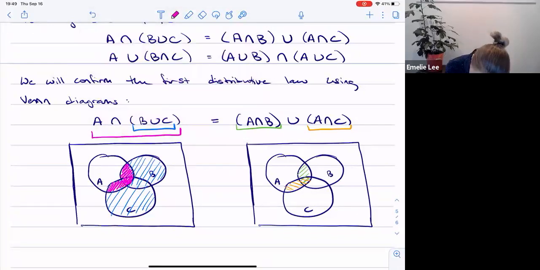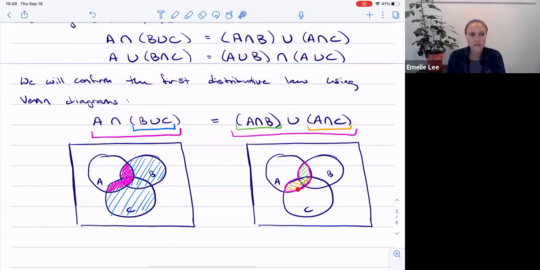So instead of coloring it over, because then it'll just go over all the colors I just put there, I'll just put pink around it. But in theory, we could just shade this all in pink because that is the area that we want, right? And notice that the two areas are the same, and so these two statements are the same. Good.